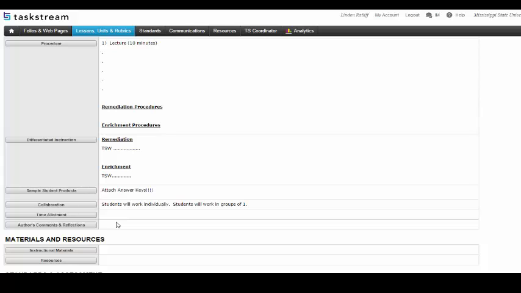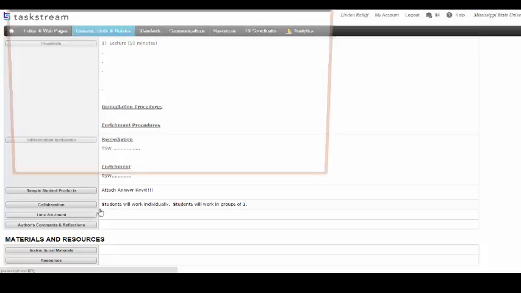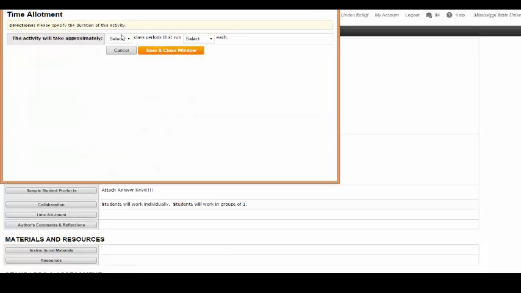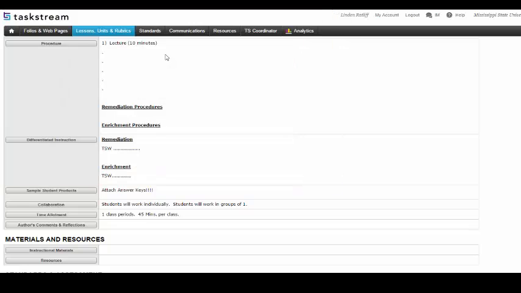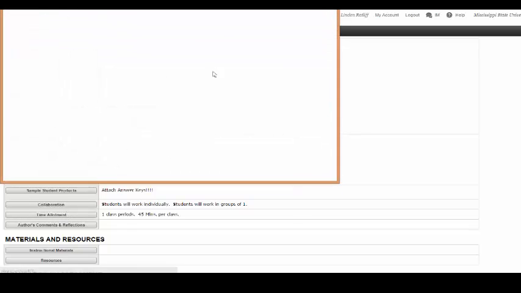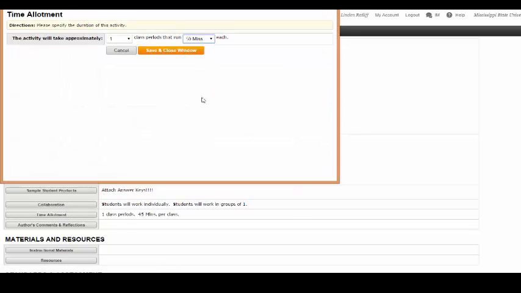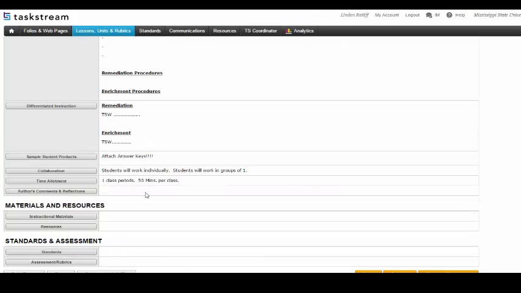The student will work individually. So that's showing that we're not doing group work, real easy. Time allotment. This activity will take 1 class period of 50 minutes. Oops, I messed that up. I don't have to go back and delete it, or I can just change my whole thing.